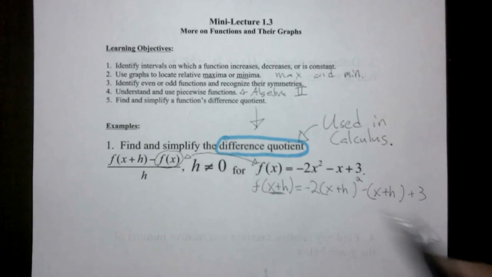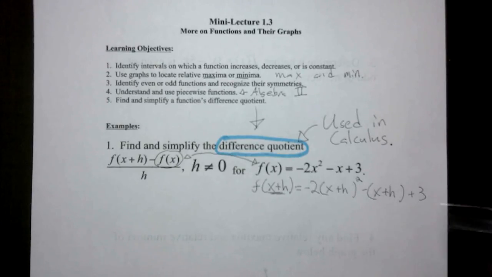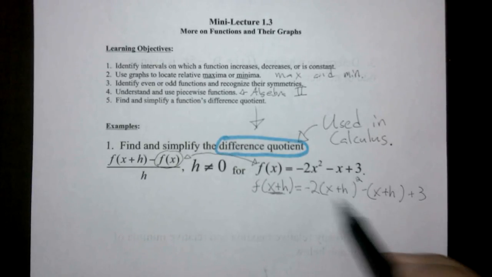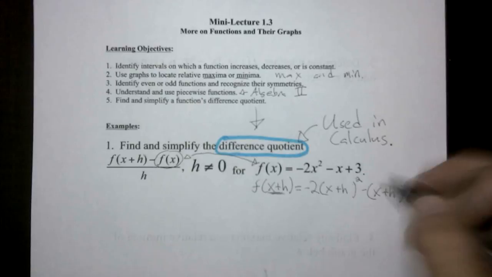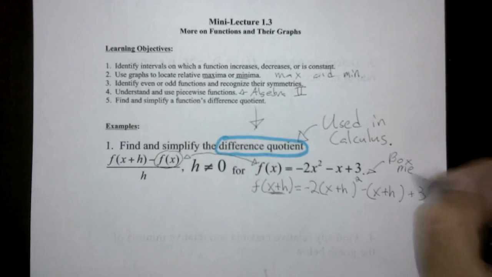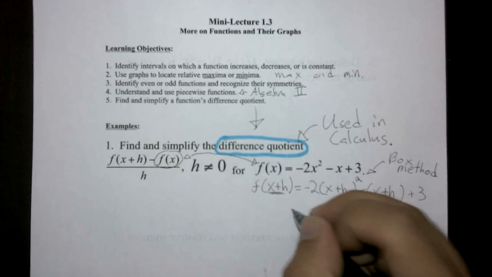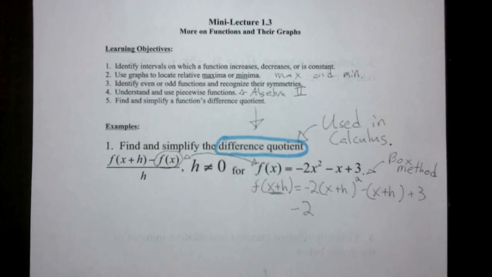We might notice in here that we have this binomial x plus h being squared. If you need some assistance with breaking this part down further, you can use box method. But for this one, I'm just going to jump ahead. So I know that we have negative 2 leading the front.